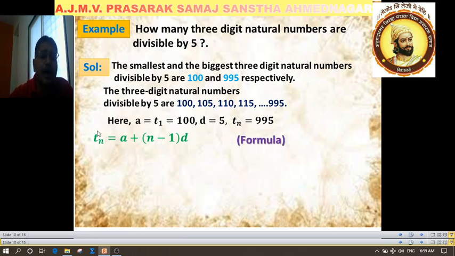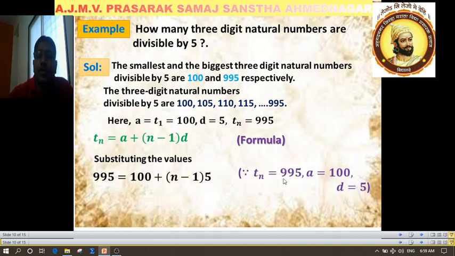Now substituting the values, tn is equal to 995, a is equal to 100, d is equal to 5. So we have 995 is equal to 100 plus n minus 1 times 5.